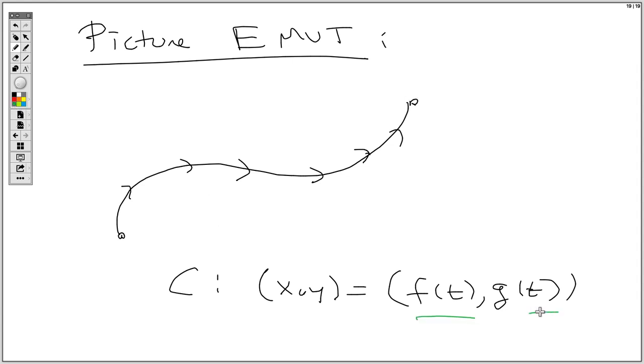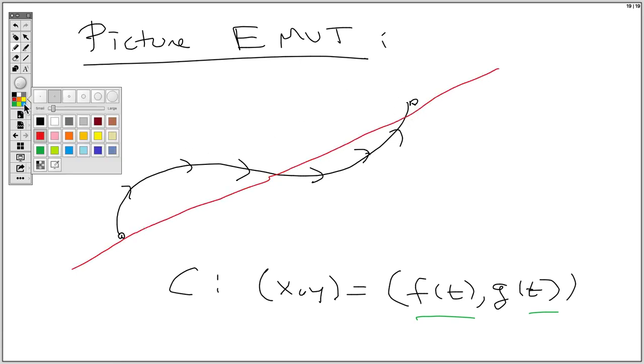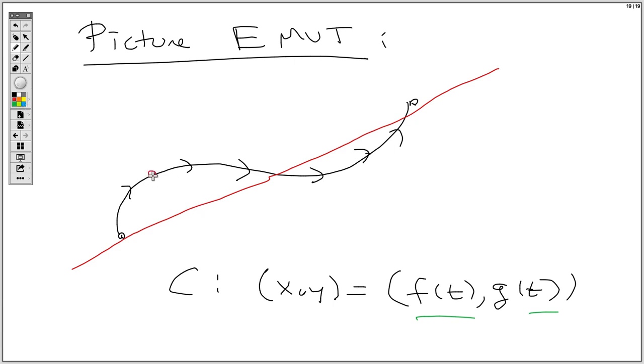Then if you do it this way, the extended mean value theorem is saying the exact same thing that the mean value theorem is saying: that the slope of the secant line through the endpoints is going to be matched by the slope of the tangent line somewhere in between.